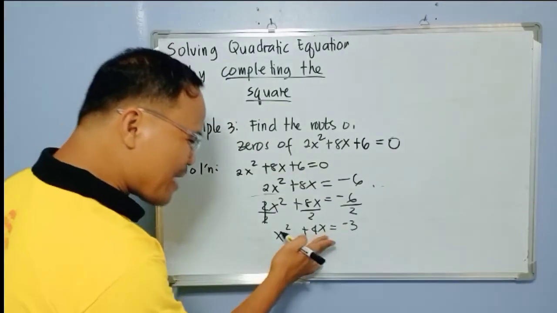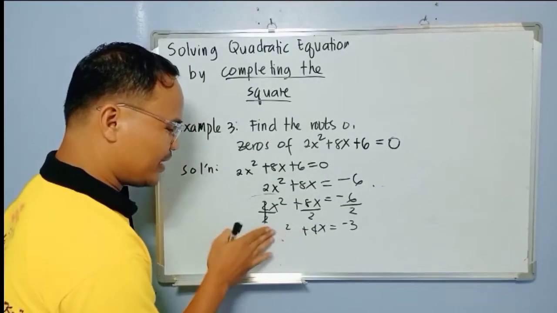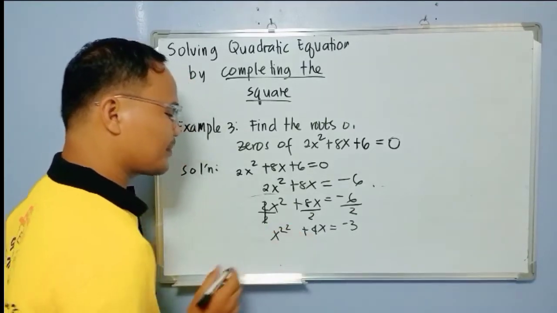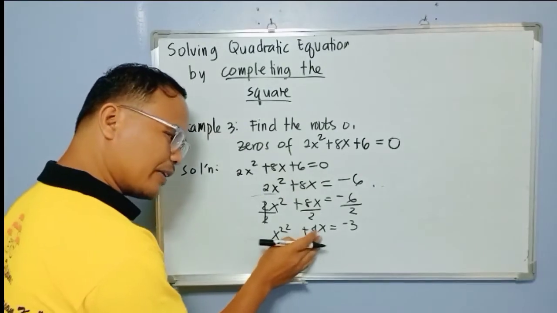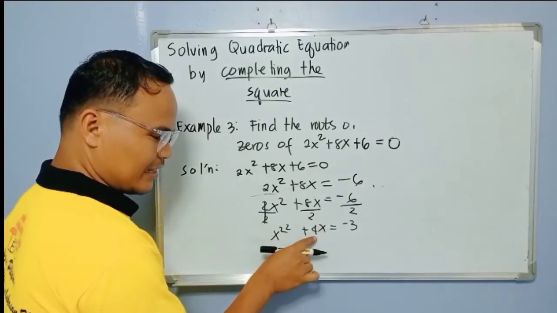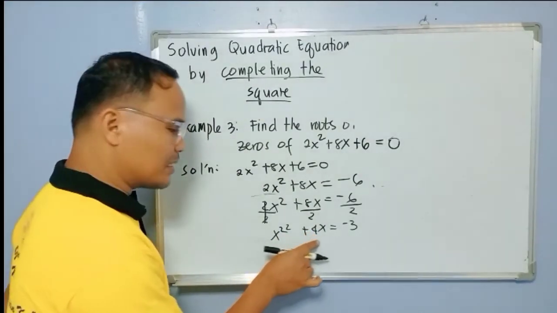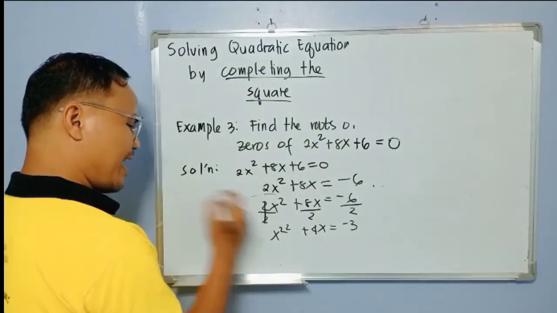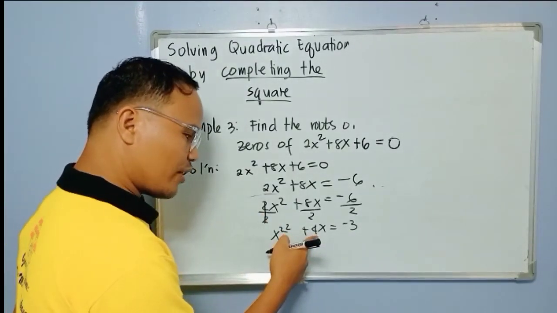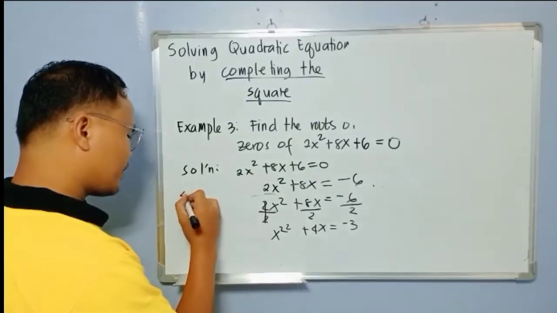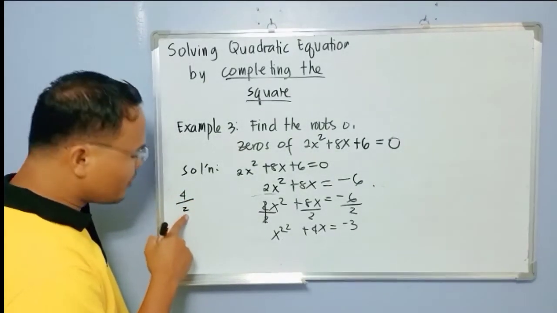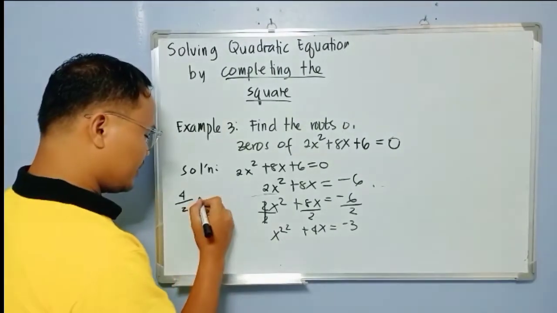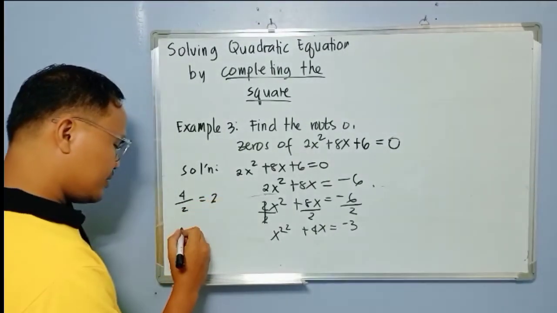So we can now make this one a perfect square trinomial. How? Again, the same process. You are going to divide the coefficient of the linear term by 2. Our linear coefficient here is 4. Divide by 2, and the quotient will be squared.